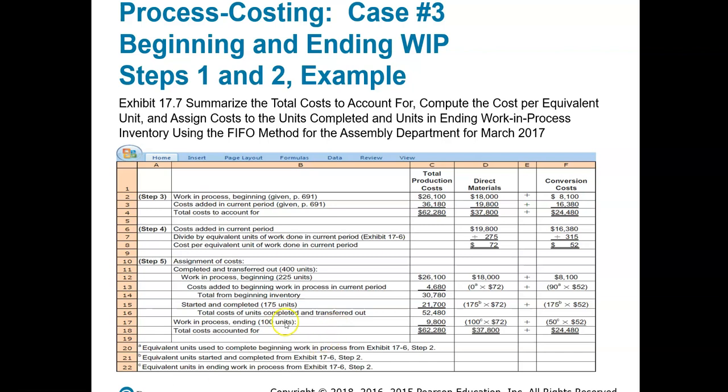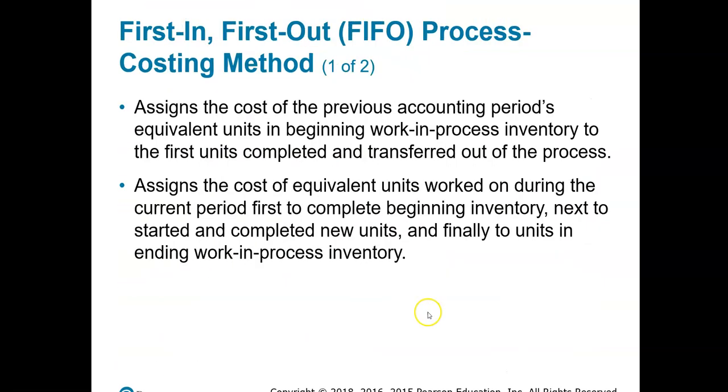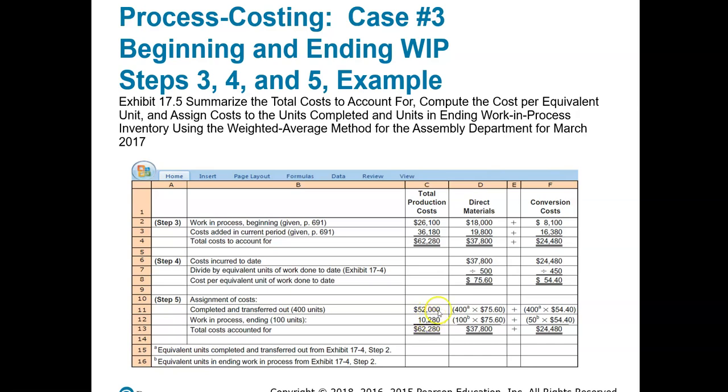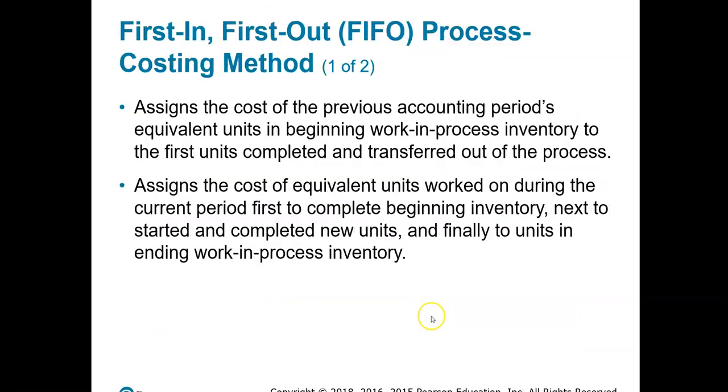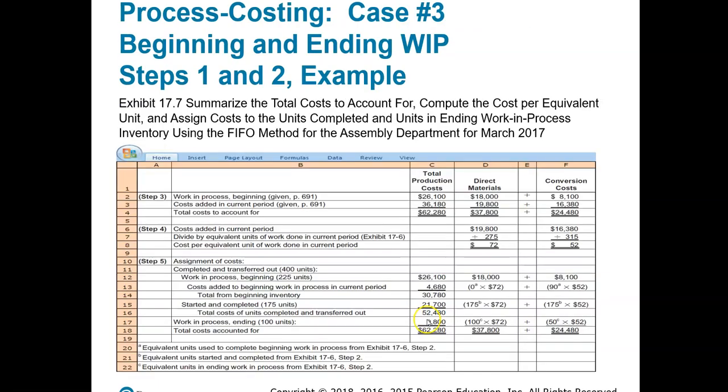Now, let's compare this to the dollar amount transferred out under weighted average. And let's go back over here. The amount transferred out under weighted average, 52,000. The amount transferred out under first in, first out, 52,480. So we see the difference in cost assignments between the two methods.